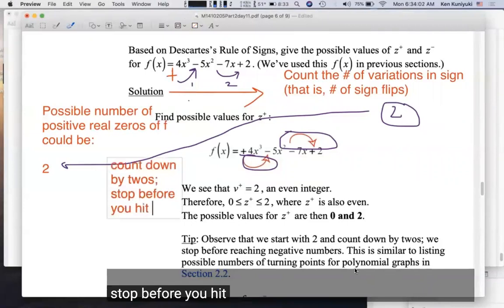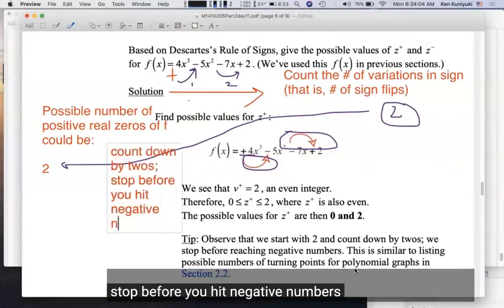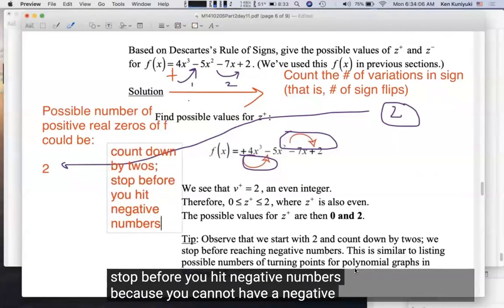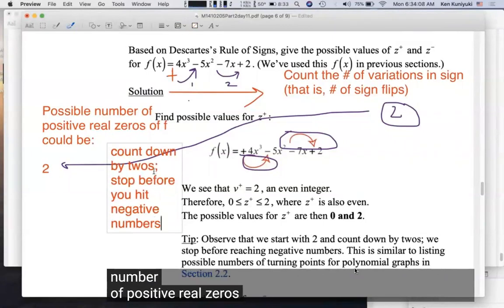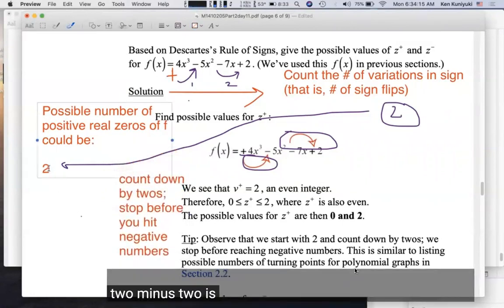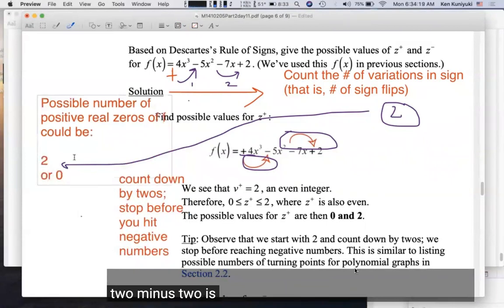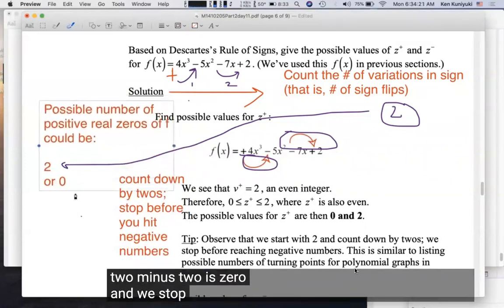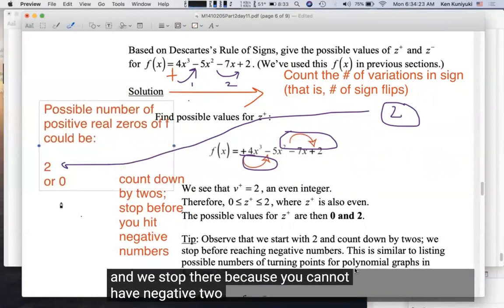Stop before you hit negative numbers, because you cannot have a negative number of positive real zeros. So we start with 2. 2 minus 2 is 0. And we stop there because you cannot have negative 2 positive real zeros.